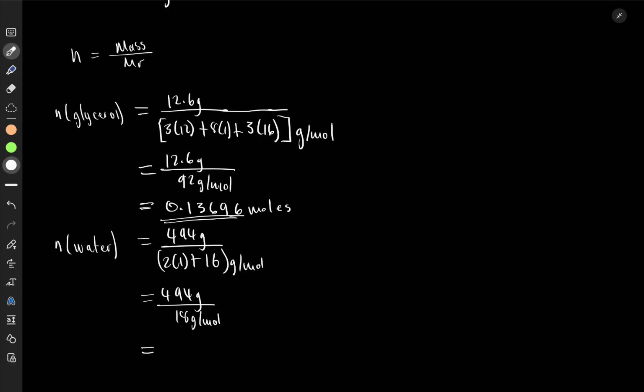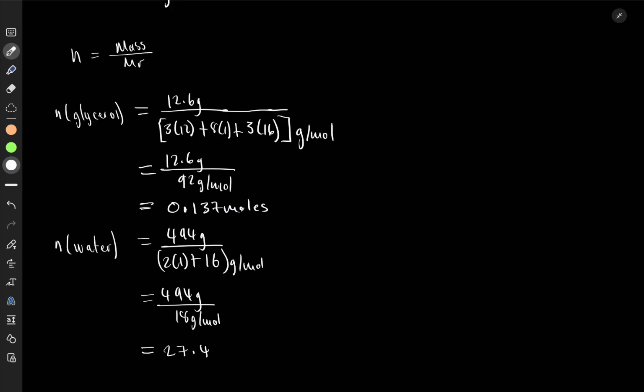What would I end up getting? Here I'll get 27.4444444. So I can just say 27.4. Here I can round off to 3 as if I want to make this, what did I have? 0.1369. So it becomes 0.137. So I'd have it as 0.137 moles here.